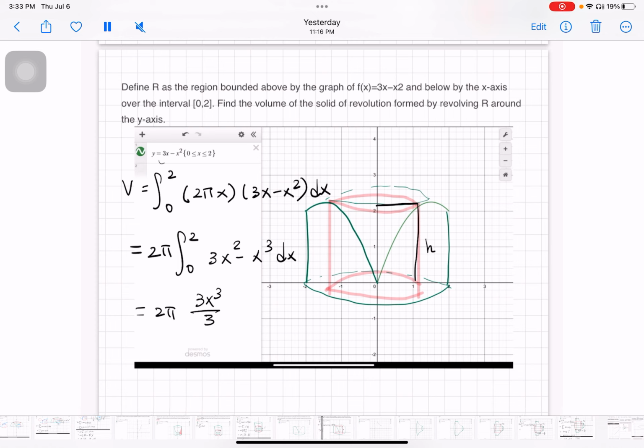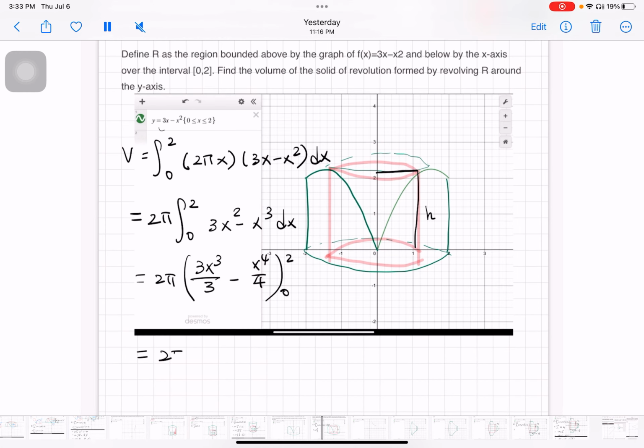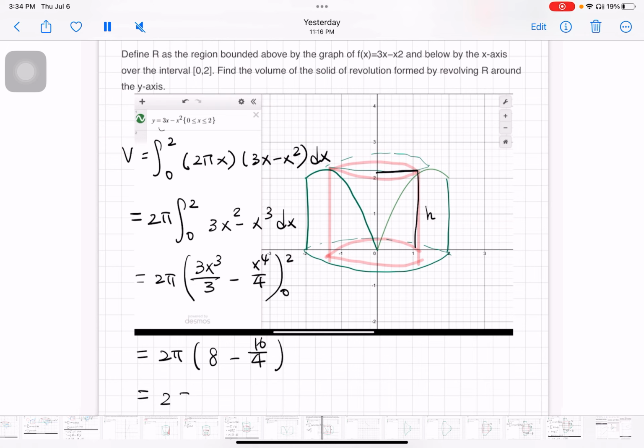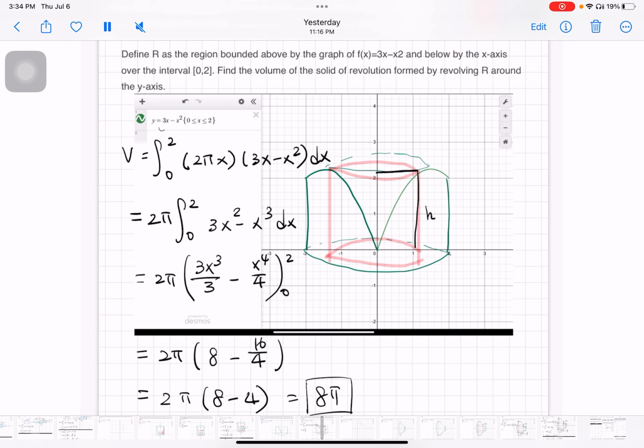Finding the antiderivative, evaluate from 0 to 2. 3 divided by 3 is 1, so x cubed, which is 8, minus 16 over 4, minus 0. So we ended up with 8 pi at the end.